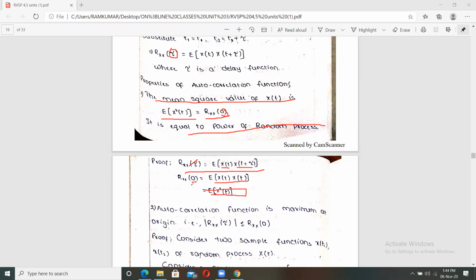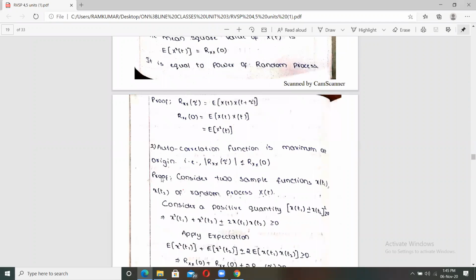That means if you substitute the time shift value 0, then it is equal to the power of the random process. E of x square of t is nothing but the power value of a random process. This is about the first property.